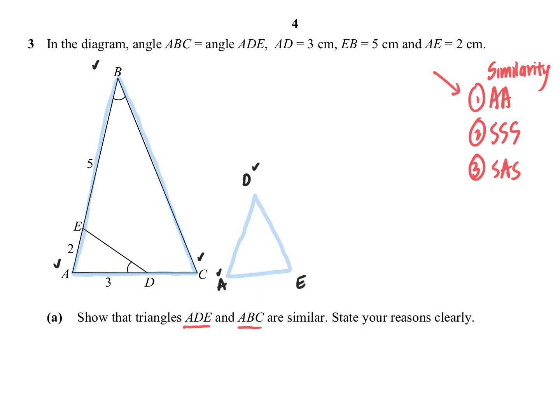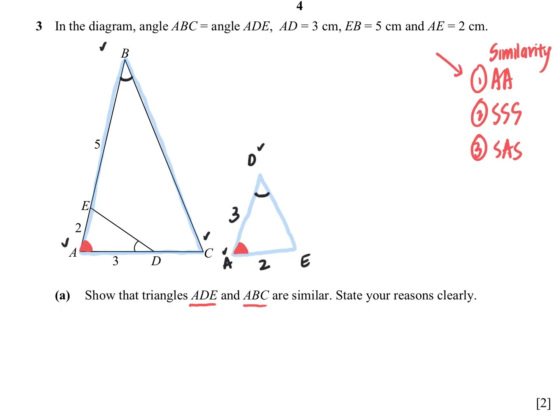Then look at the small triangle and fill in. AE is 2, AD is 3. And then you have the angle D, this one being the same. Okay, but do take note that this angle A is a common angle that they share. The small triangle and the big one, they share the common angle A. So you might want to shade this also.